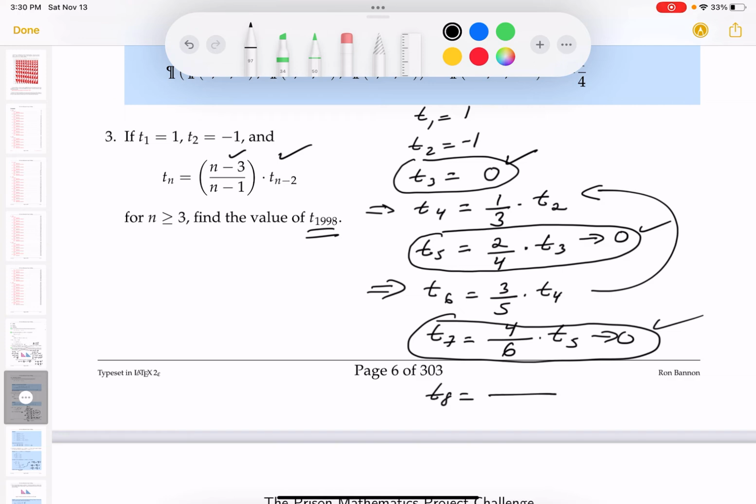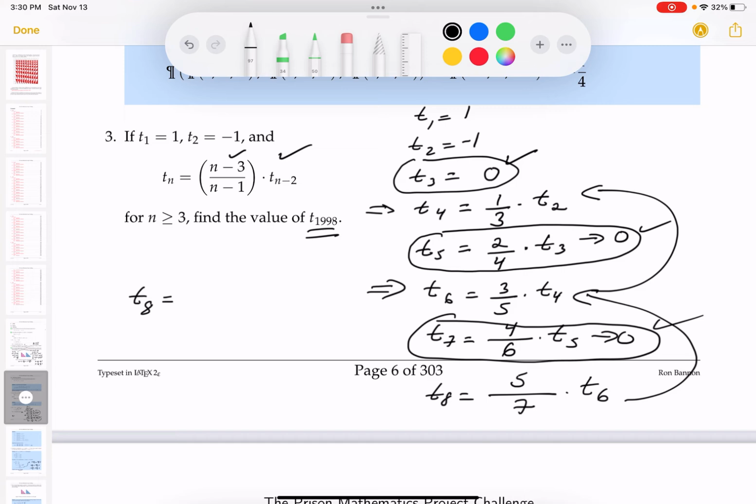And what's T8 going to be? Well, let's take a look. That's going to be 8 minus 3, which is 5. I'm seeing something pretty nice now. And the bottom is going to be n minus 1. That's going to be 7. And then what do you get over there? That's going to be T6. I go back to it, right? So again, I'm seeing it here. All right. So, I could write down T8 now.